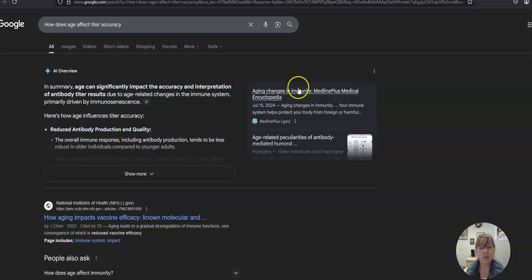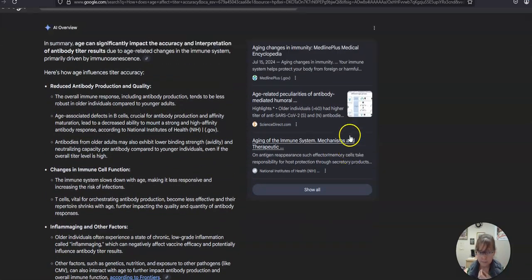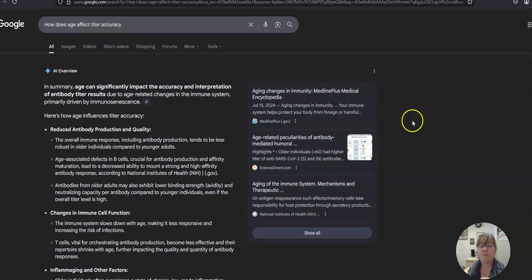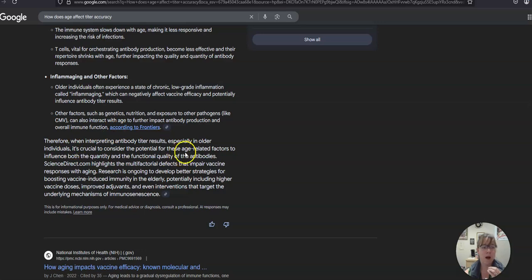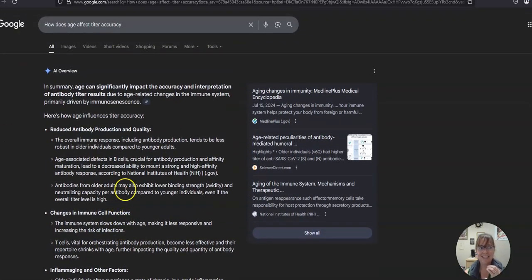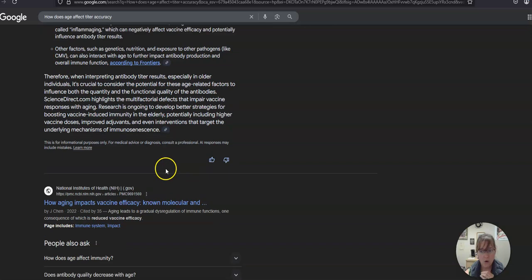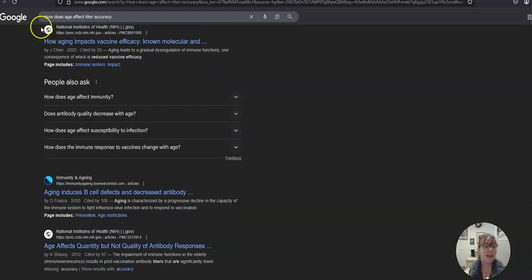Okay, so you can look and see what kinds of sources it offers over here, but you really want to be careful not to get information from this discussion right here from the AI overview. Do not trust this. You can look up more information about what this says, but do not take information from here.